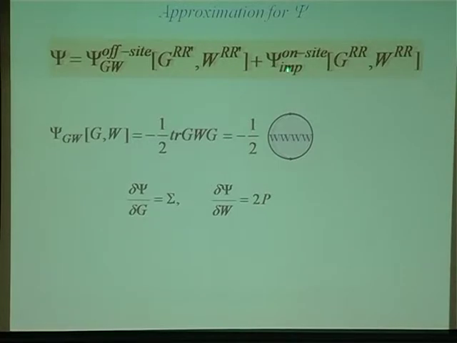Again, we use DMFT for the on-site and GW for the off-site. The GW psi has quite an explicit form. It's given by this diagram or the trace of GWG. From this, you can then calculate the self-energy by taking a functional derivative with respect to the Green's function, and the polarization with respect to W.